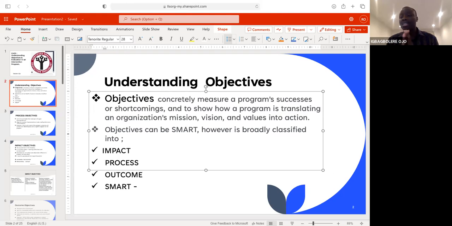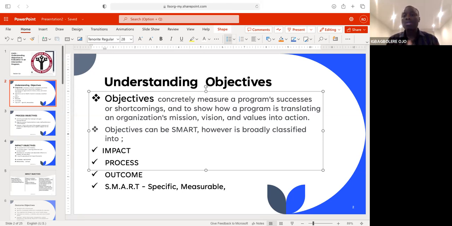When we say an objective is SMART, let me quickly say it is an acronym. So an objective is SMART. It means, number one, it is specific. It is measurable, as all objectives should be.